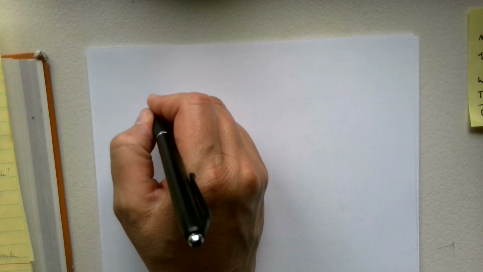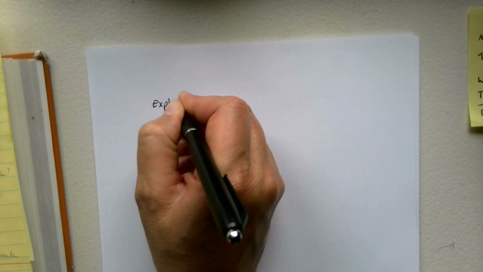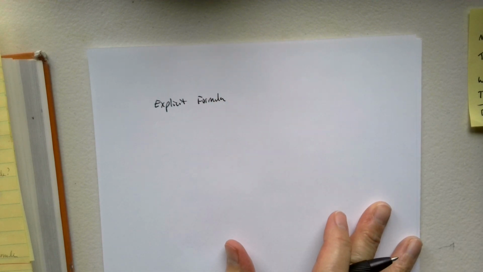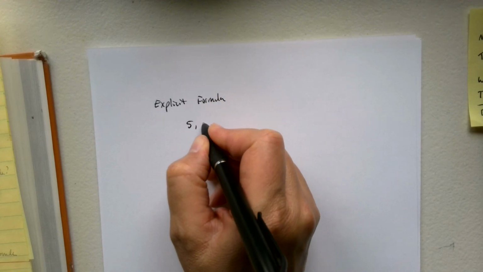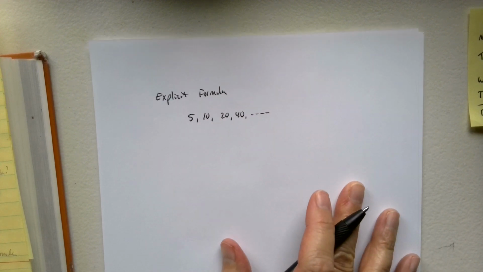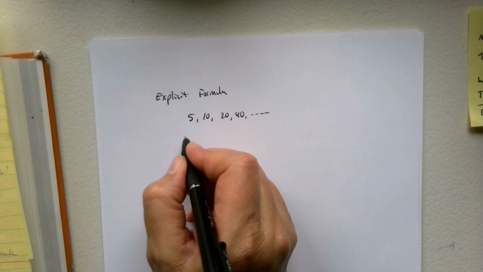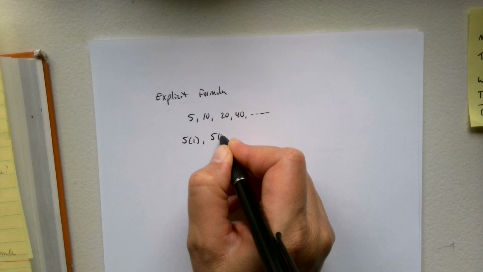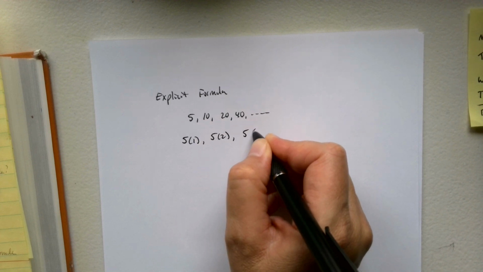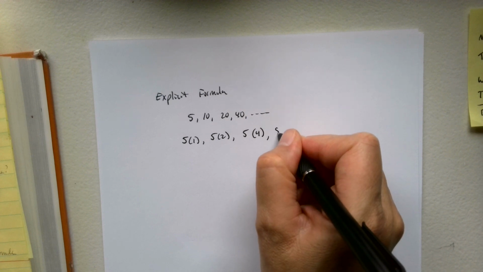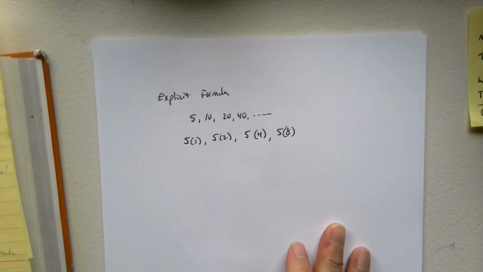Now, just like with arithmetic, there is an explicit formula that will work for all geometric. So let's go back to 5, 10, 20, 40, and so forth. And let's think about what's happening here. This is 5 times 1. 10 is 5 times 2. 20 is 5 times 4. 40 is 5 times 8.